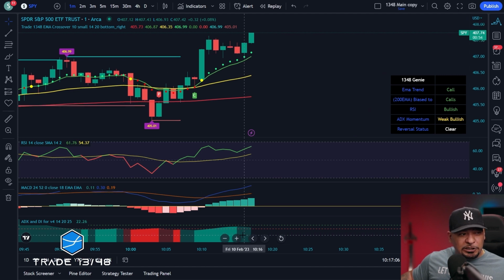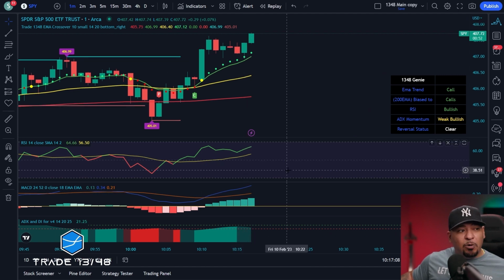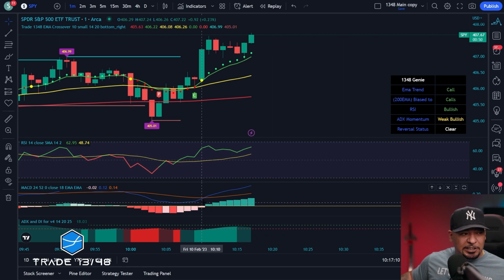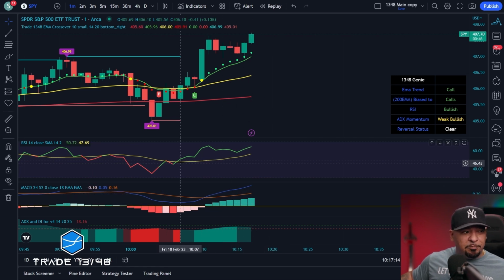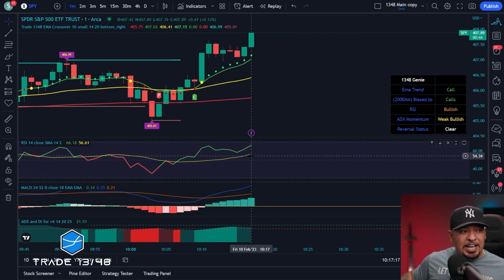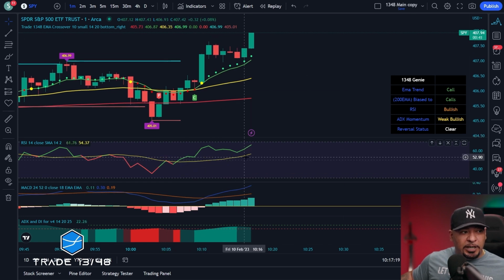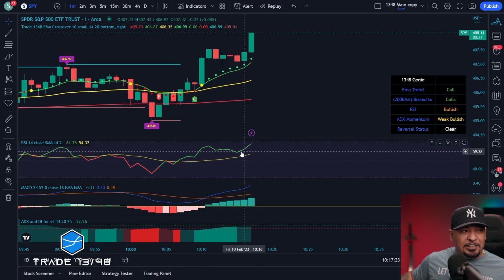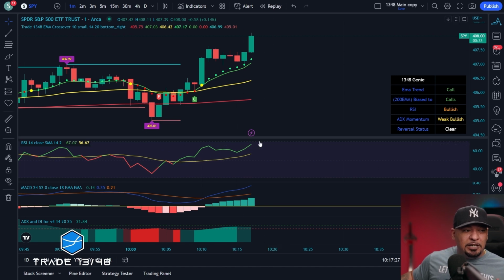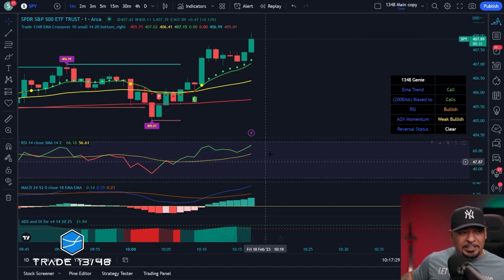So you're going to lose a little bit of that momentum. However, you also have the MACD crossing above its moving average, and you are printing green on a histogram with the RSI moving average going up. And of course, RSI here is reaching overbought territory.